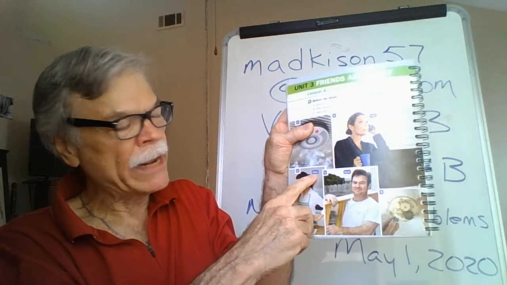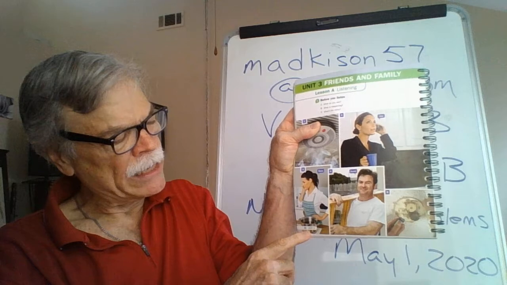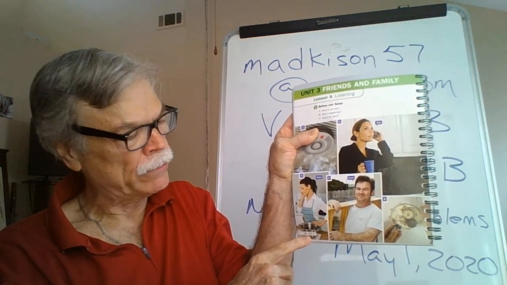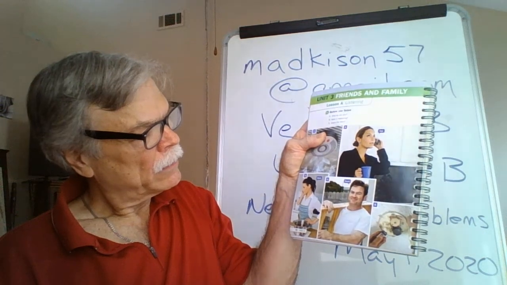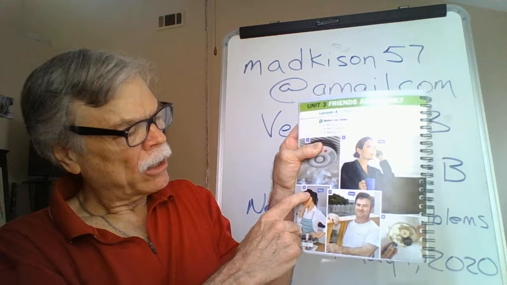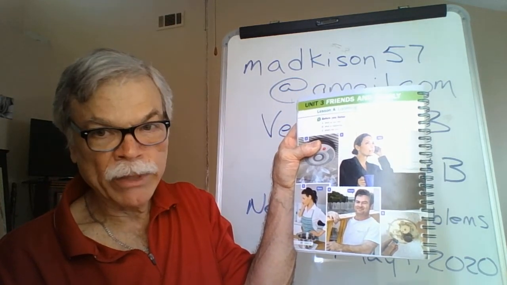It says her name is Maria. This is a stew pot, a pot that you use to make stew. What else can we see? She's wearing her hair in a ponytail. We call that a ponytail.